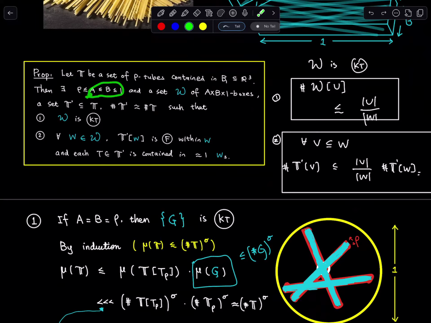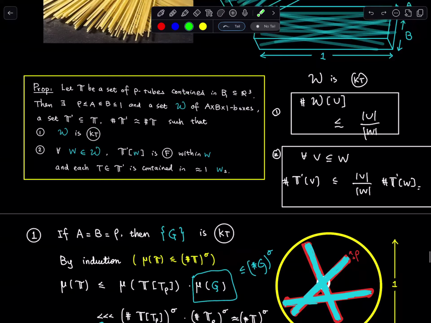There exist two numbers, a set W of A times B times 1 boxes, and a significant subset of T. We cannot do it for the entire set, but it's usually harmless to replace by a significant subset, such that the collection of those A times B times 1 boxes satisfies the Katz-Wolff axiom.